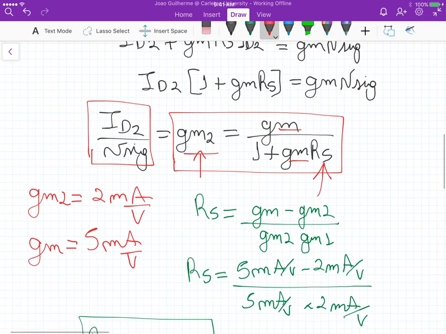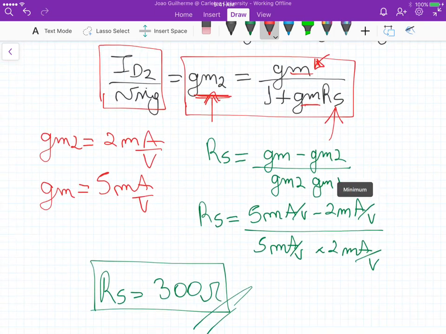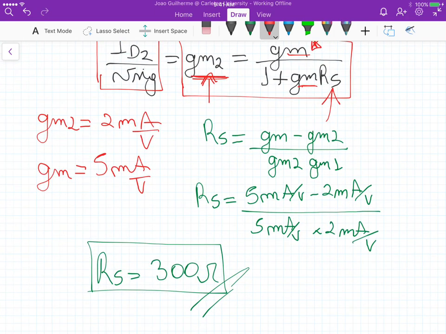That equals the previous transconductance, the 5 that we had, divided by 1 plus gm times the source resistance. And that gives us that to keep an effective transconductance of 2 milliamperes per volt, we should insert a source resistance of 300 ohms.